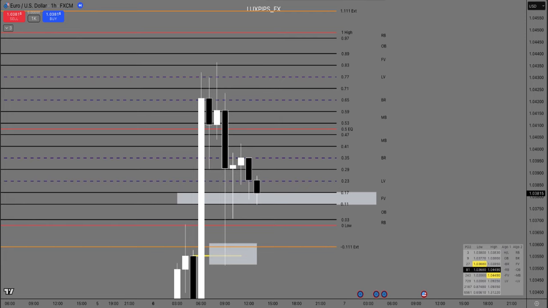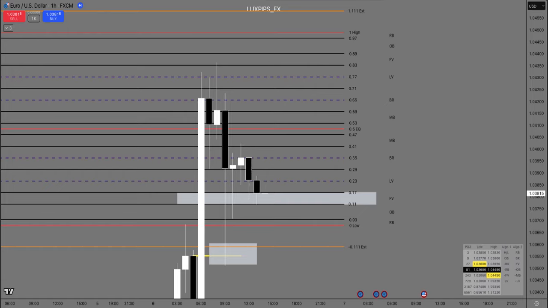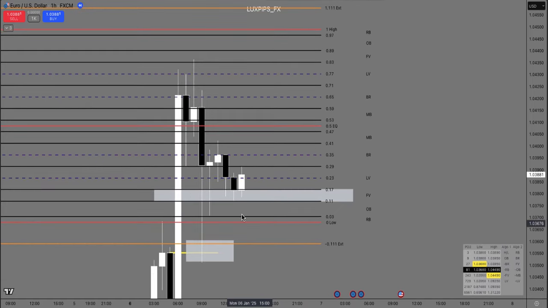So it tested that bearish FVG. Okay, so this is a nice bullish engulfing candle here. This FVG has already been tested, has already been mitigated. Looks like the candles are staying above the FV level, right? So take a buy trade here. TP at the EQ. Now put the stop loss at the low.